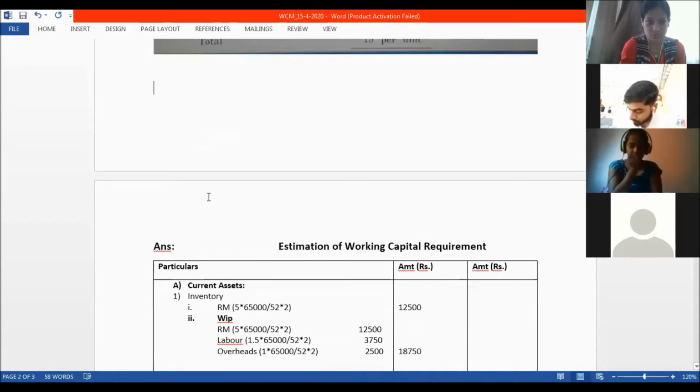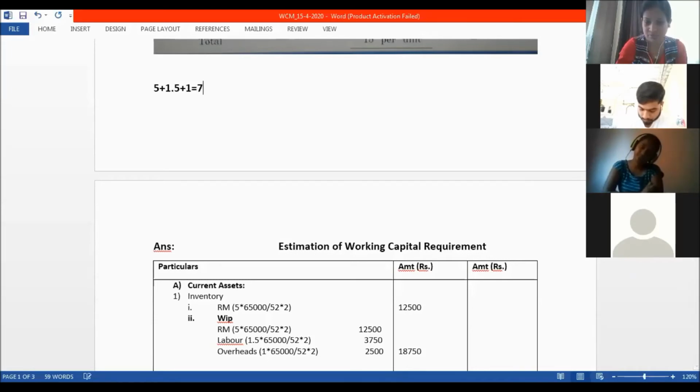So if you want to show it separately, okay, raw material 5 per unit plus labor cost half of it 1.5, okay, 1.5, plus overheads 2, its half 1. If you do total of this, okay, 5, 6.5, 7.5.